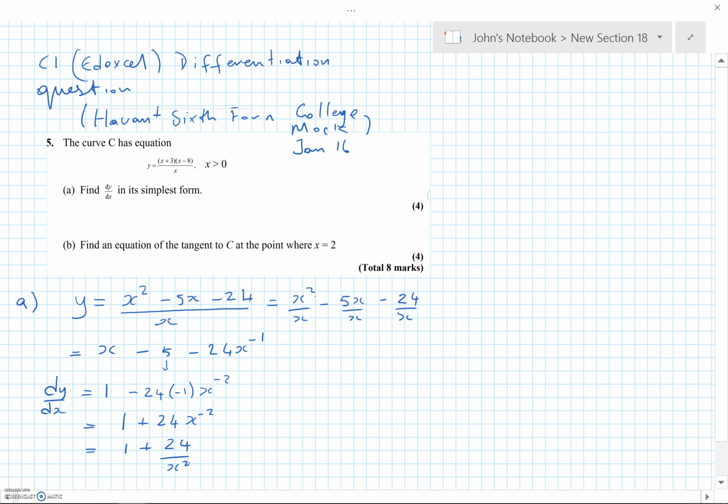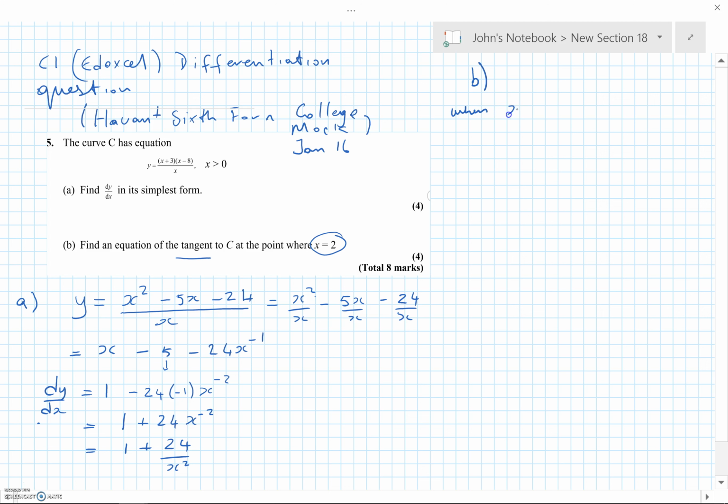Now for part B, it says find the equation of the tangent, not the normal, the tangent, when x equals 2. Well, we need to find a y coordinate when x equals 2, because we need a coordinate and we need a gradient, and we need to put the 2 into the formula for dy by dx. So let's work out the y coordinate first.